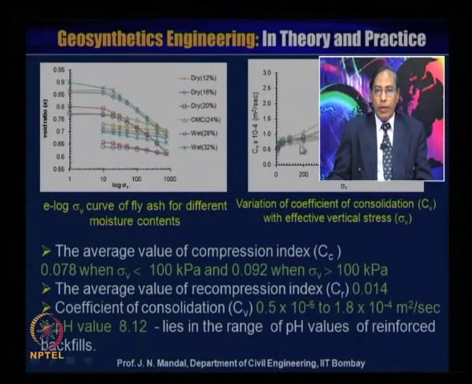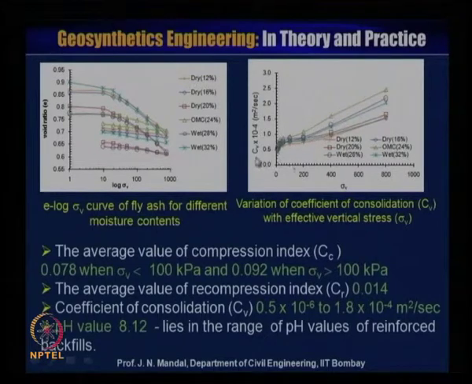And this curve shows the variation of the coefficient of consolidation Cv with the effective vertical stress, sigma v. This is also for dry side 12%, 16% and 20%, OMC is 24%, and the wet side we have taken 28% and 32%.